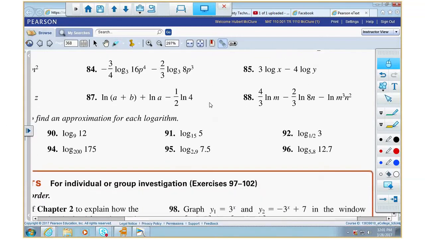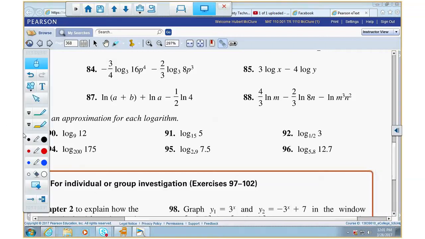These are calculator problems. If you miss one of these on the test, do not what? Tell anybody. Let's do number 91. Change base formula. How would you rewrite 91? Log of 5 over 15.